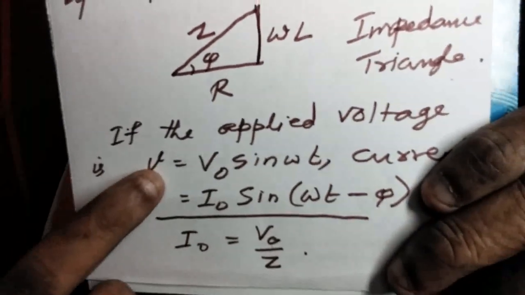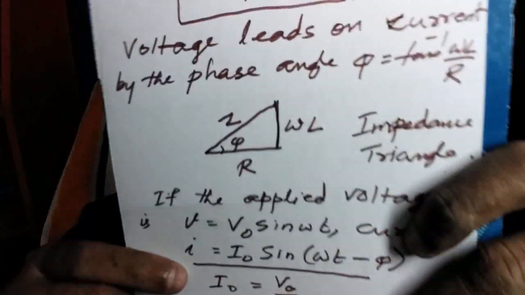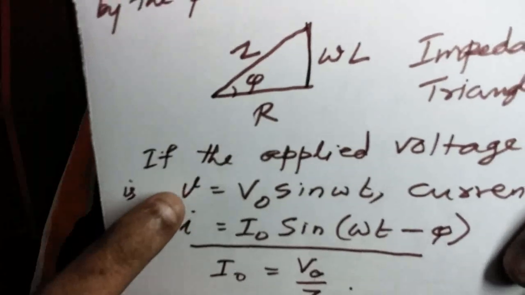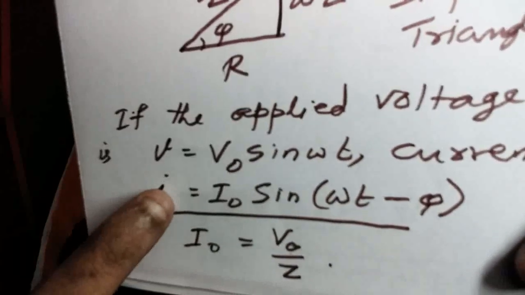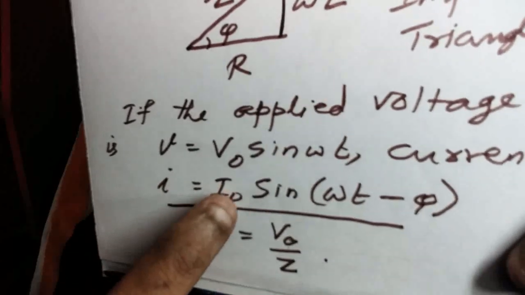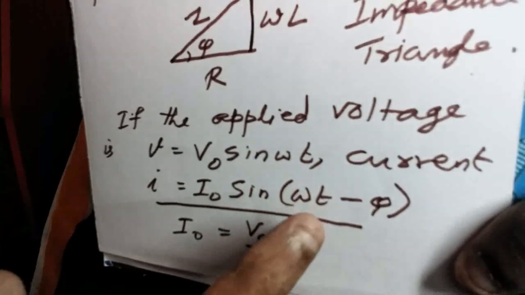We have made these calculations using RMS values. So if you are asked to write the concerned equations, we can do like this. If the applied voltage is V equals V0 sin omega t, I should be I equals I0 sin of omega t minus phi, because in this circuit, voltage leads the current by phi, or current lags behind voltage.